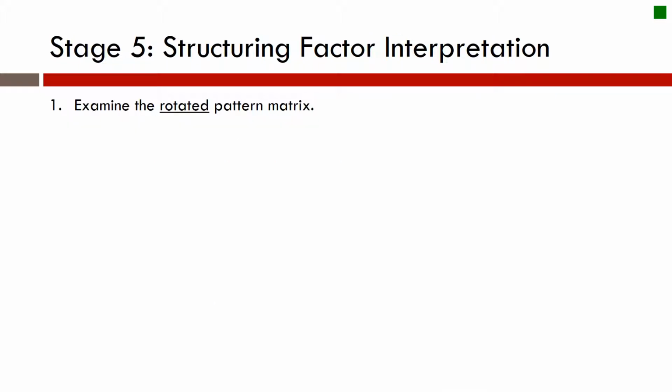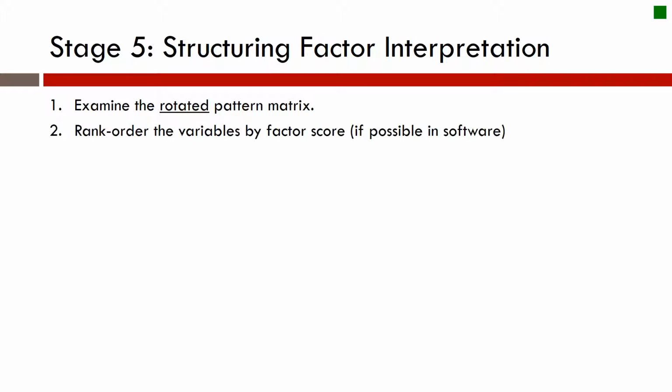So as an illustration, we can look at some steps that would be involved in examining the rotated solution and what we would do to retain factors and retain variables. So we want to look at the rotated pattern matrix.